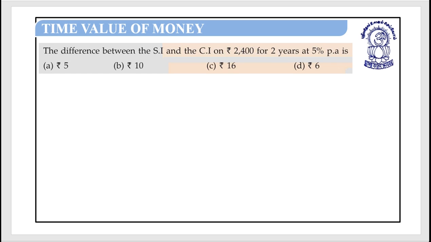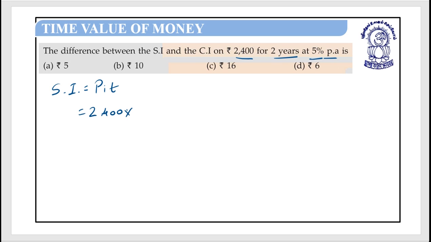The difference between the SI and CI on rupees 2,400 for 2 years at 5% per annum is, here what we have to find out? Simple interest and compound interest difference. So simple interest equation is PRT. P is given 2,400.